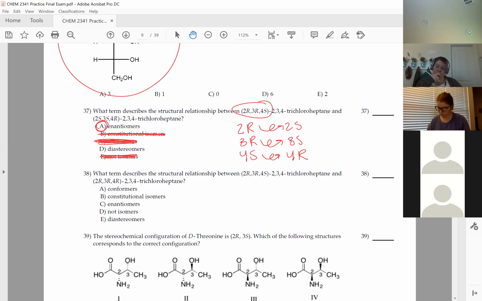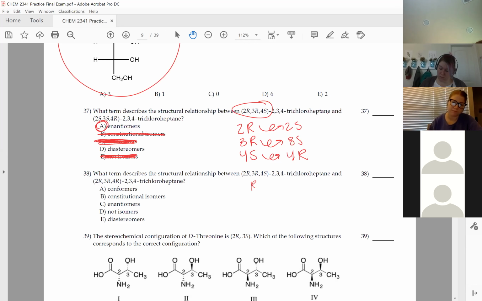So the other one you can actually do very quickly now, probably, if you wanted to take a look at it. We have 2R3R4S versus 2R3R4R. Diastereomer. Right, those would have to be diastereomers.